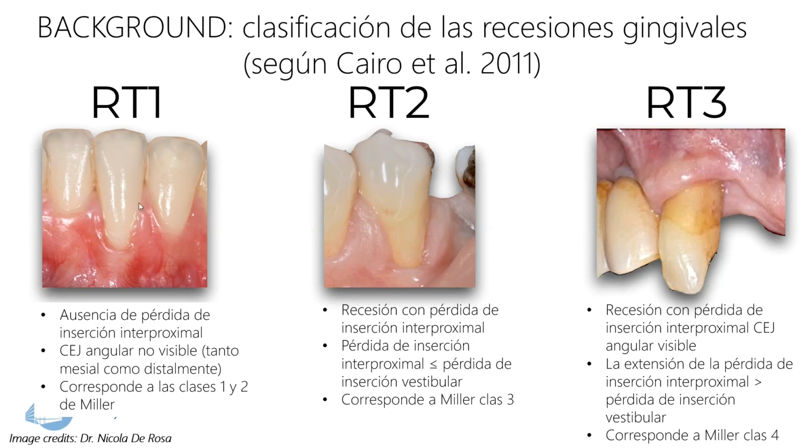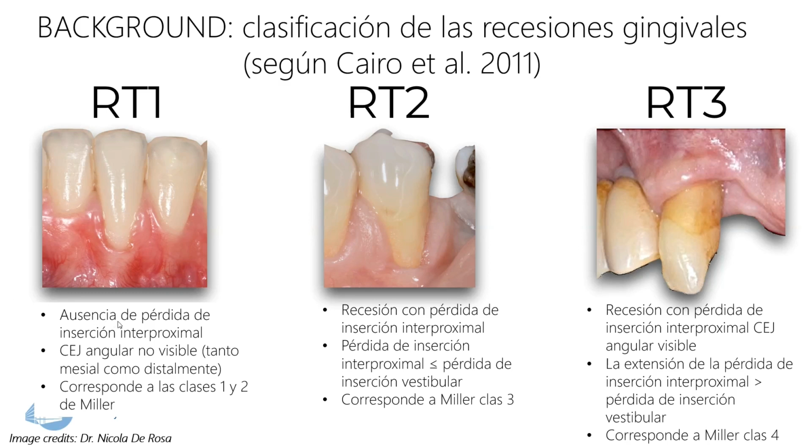RT1 is the mild class, for which it is possible to predict complete root coverage by surgical intervention.